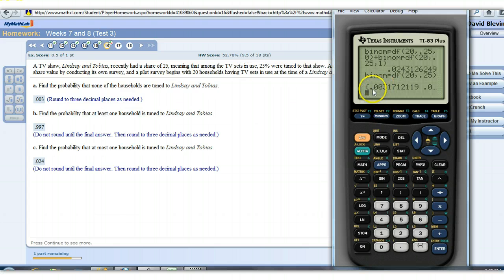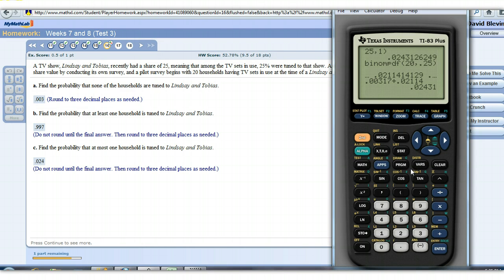So even though there's a whole bunch of numbers in there, 0.00317 plus 0.02114, enter, 0.0243, same thing. Just add the first two.